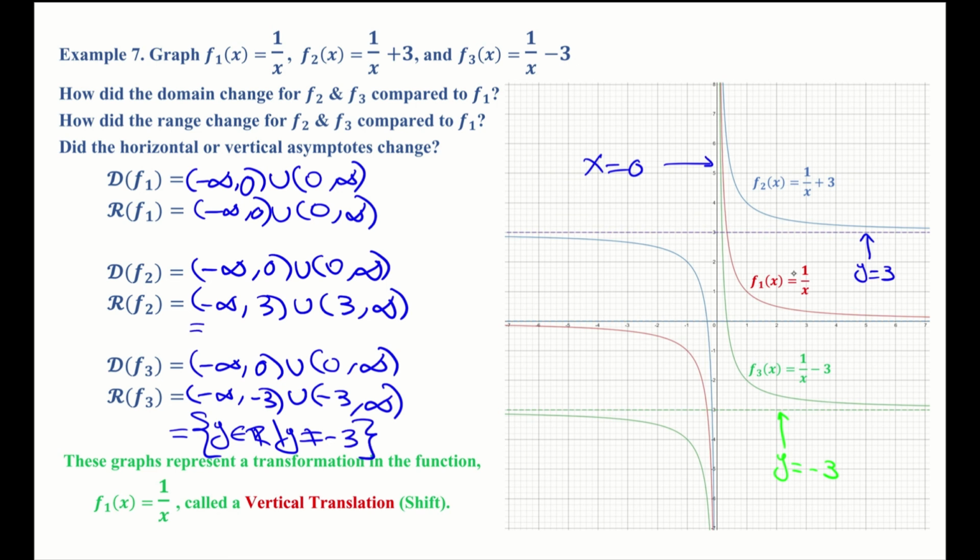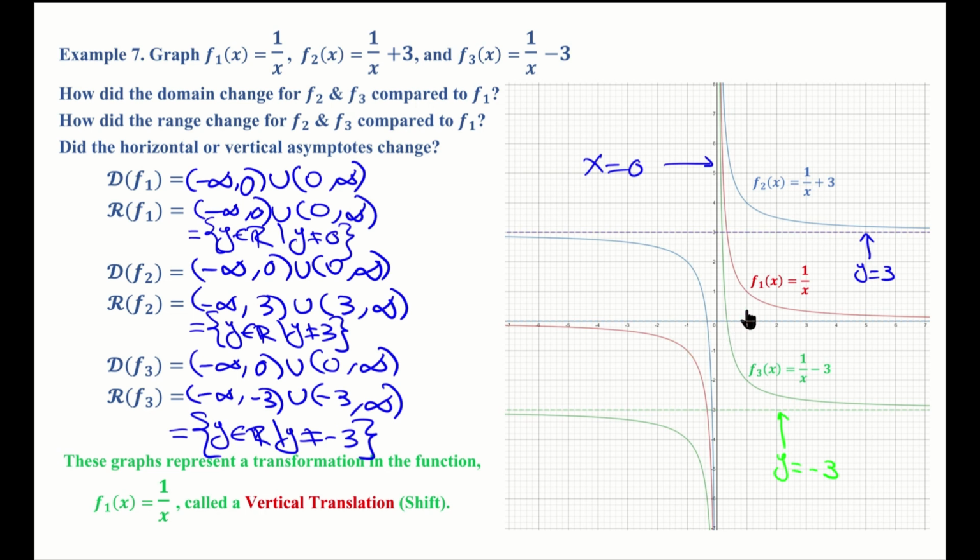For f2, that's all y in R such that y does not equal 3. That's the set builder version. For f1, we've already seen it, all y in R such that y does not equal 0. Okay, so again, these are examples of vertical translations of this red function.